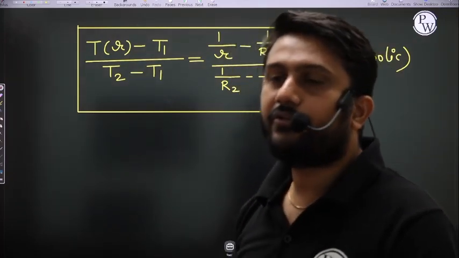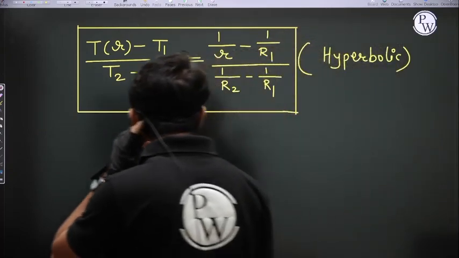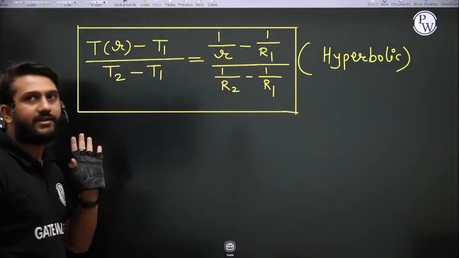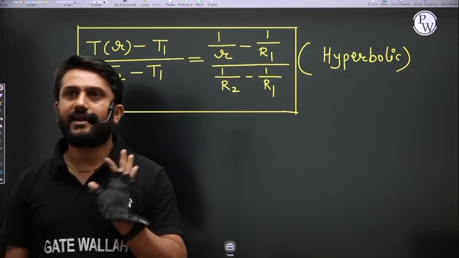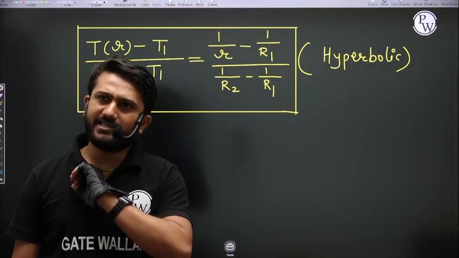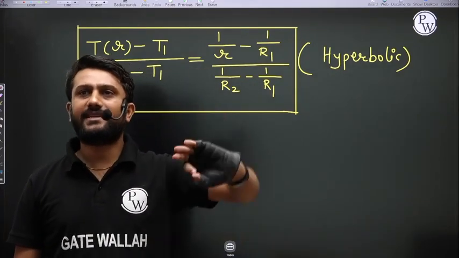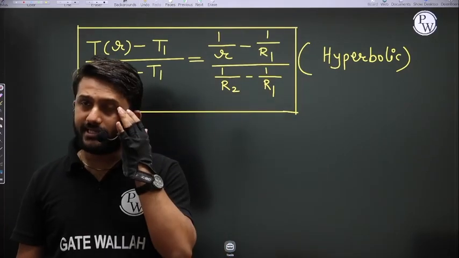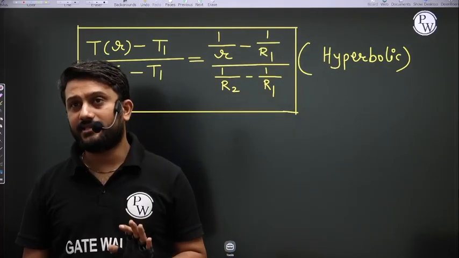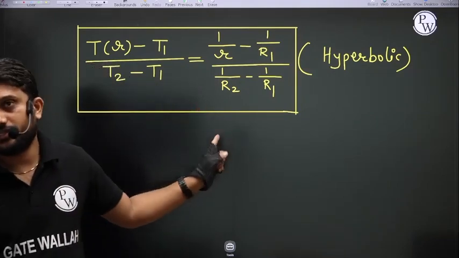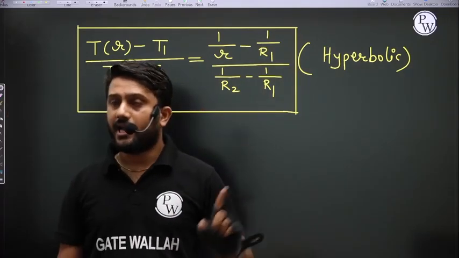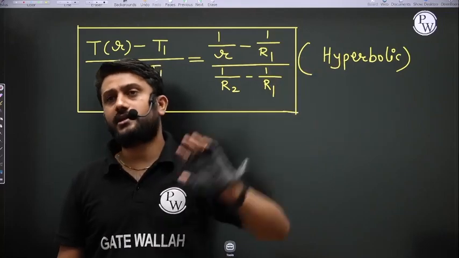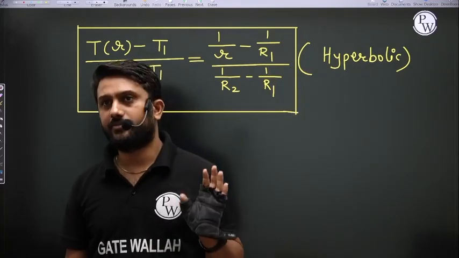I am writing directly, because that procedure is exactly same as the hollow cylinder. The only change is the temperature variation: here it is hyperbolic, while in the hollow cylinder it is logarithmic.